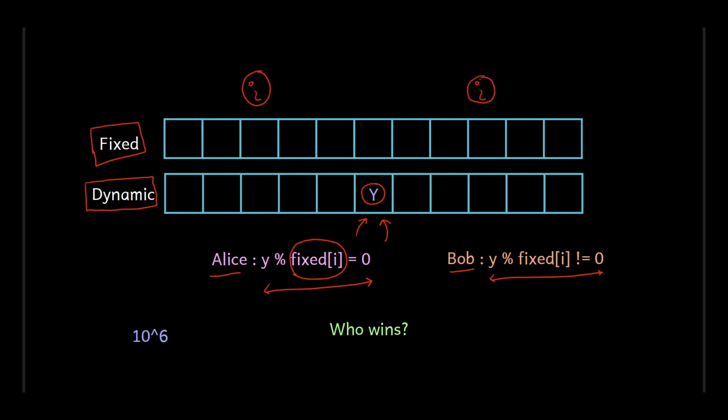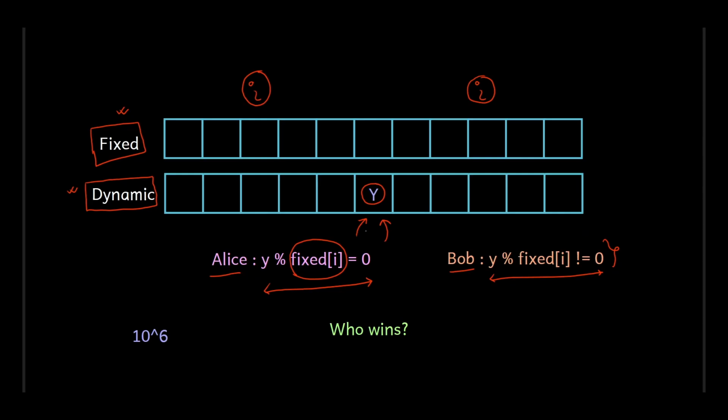So you can see that in each round you have two independent choices, one from the fixed array and one from the dynamic array, and removal is only possible if you make choices that follow some constraints.